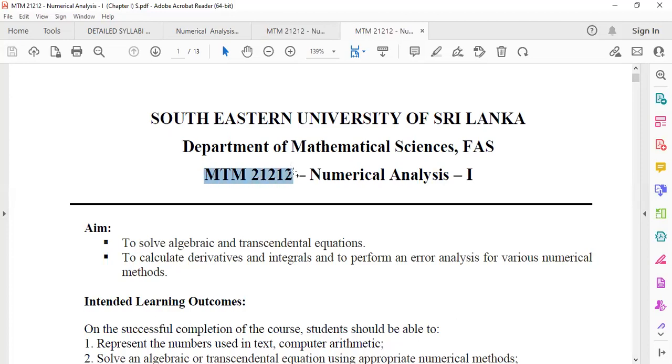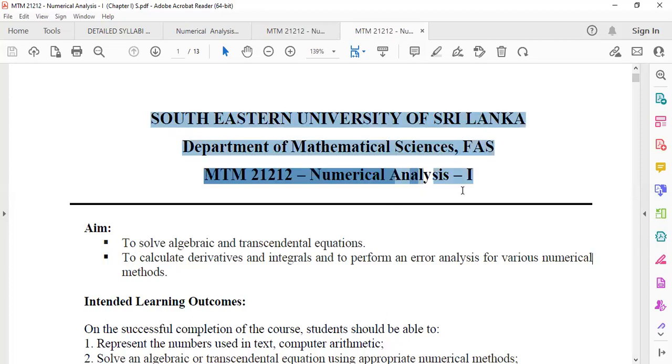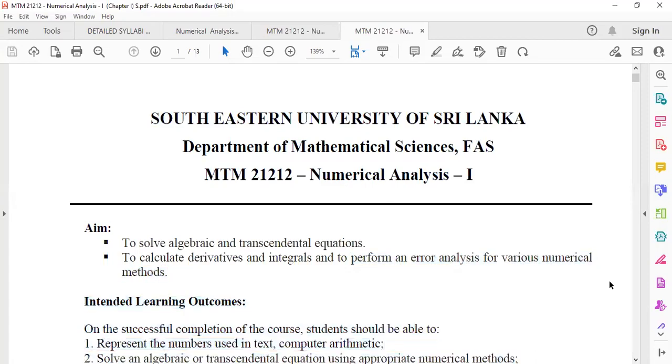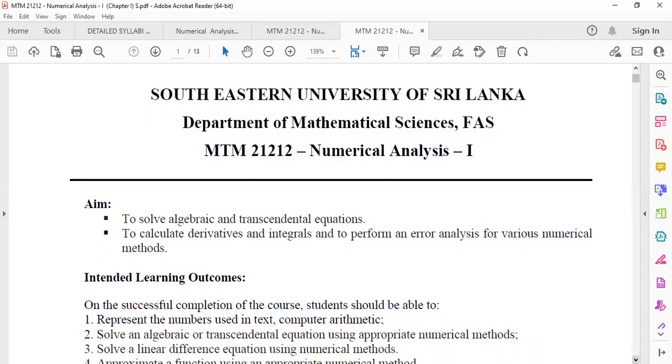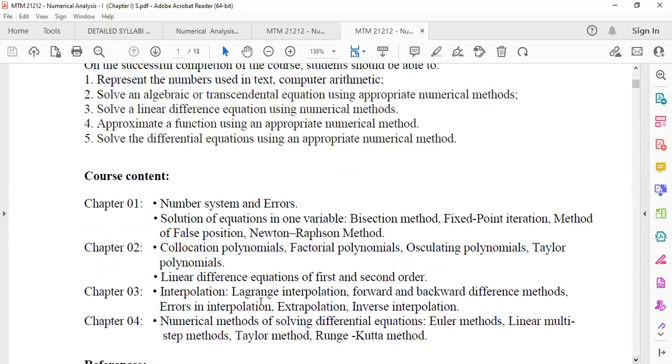This is a two credit course, so like in earlier courses, if it is two credits, we have four questions in the semester exams. According to that, I have divided the course into four chapters. You can see that.